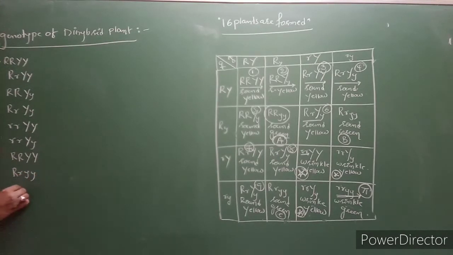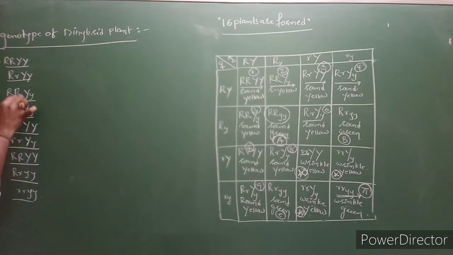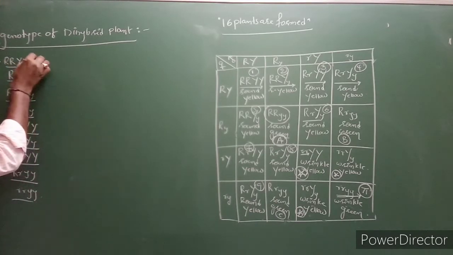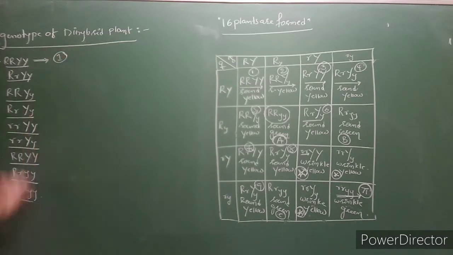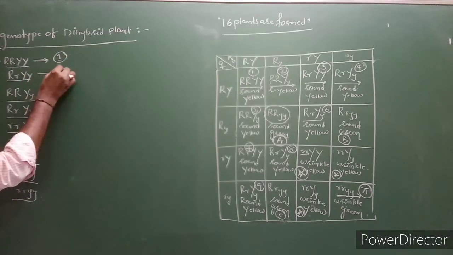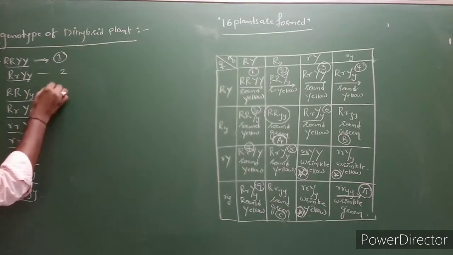The last one is small r, small y, and small y. So this is actually the combinations of plants. 1, 2, 3, 4, 5, 6, 7, 8, 9. 9 are found. So here, this type of how many genes? Only one plant. Next, 2.